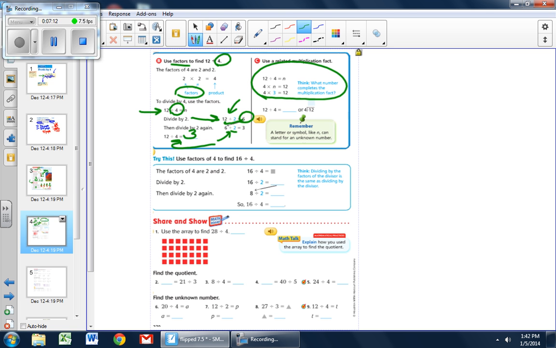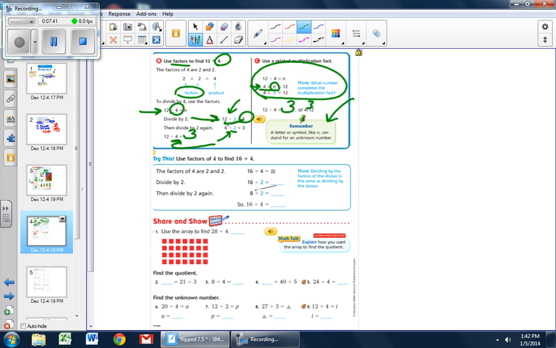So you have 12 divided by 4, which equals n. And then you're just going to substitute: 4 times n equals 12, and we're trying to find what n is. So 4 times 3 equals 12, which gives you the same answer again. Okay? And it's giving you a little reminder here that a letter or a symbol like n can stand for an unknown number in any kind of problem. And we even used that in the lesson before.